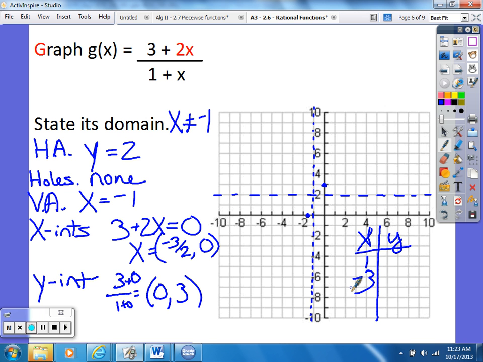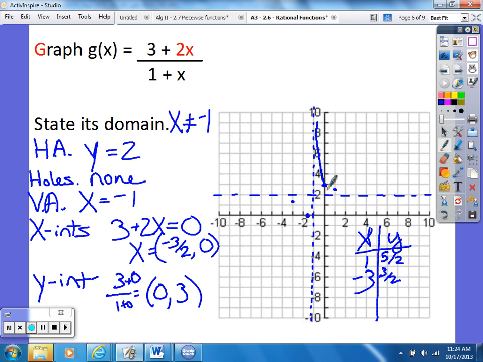So I'm going to plug in 1. 5 over 2. So I plug in -3. -3 over -2, which is 3 over 2. So at -3, I'm at 1.5. And at 1, I'm at 5 halves, so it's 2.5.